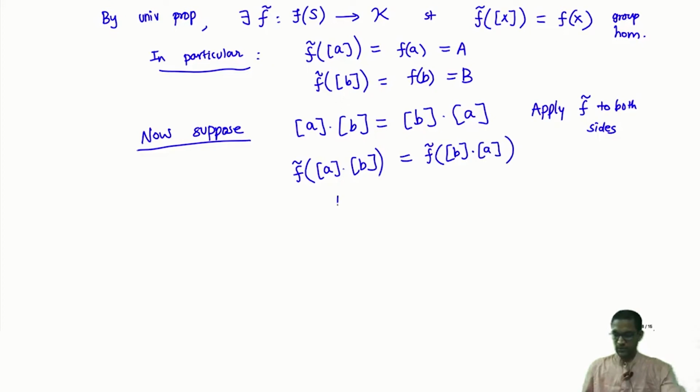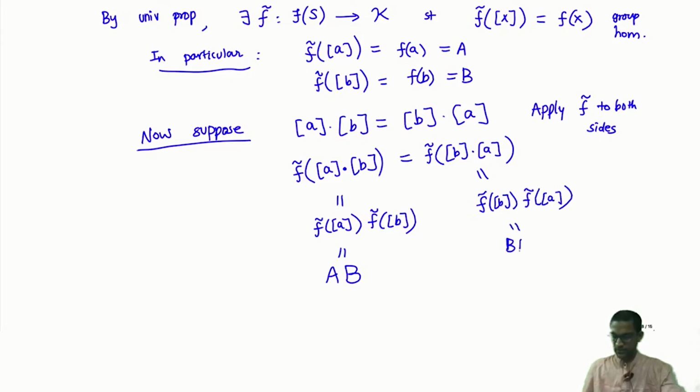Now comes the important thing. Remember, f tilde is a homomorphism, and this is now a product of elements. So this is going to be f tilde of A times f tilde of B, and that of course by choice is AB. If you do it to the other side, it's going to give you f tilde of B times f tilde of A. That is the element BA.